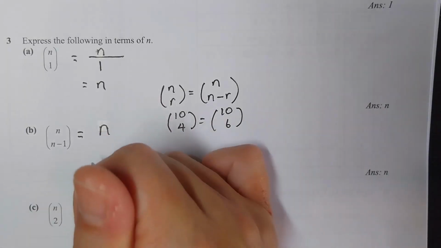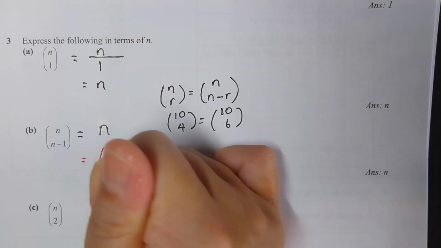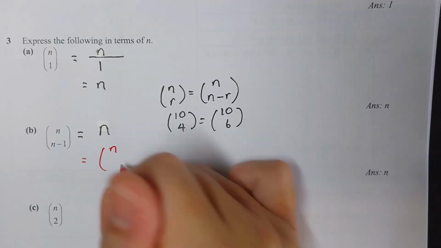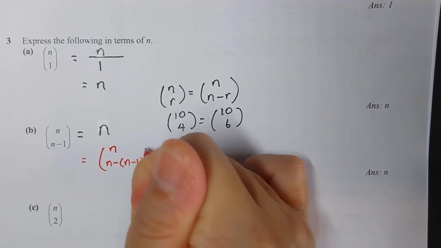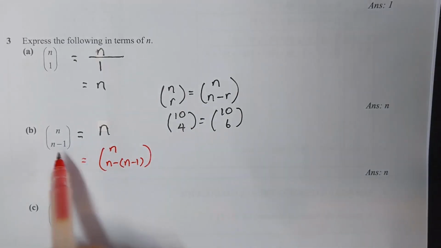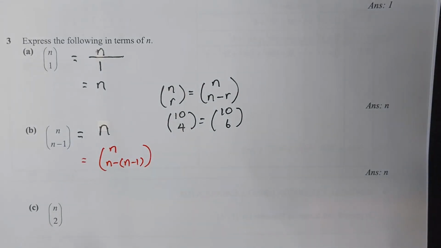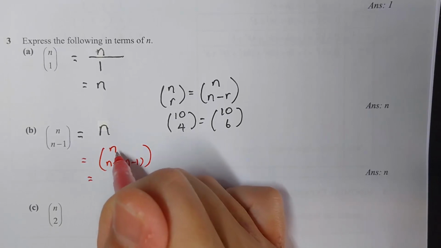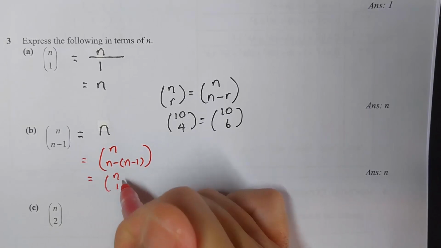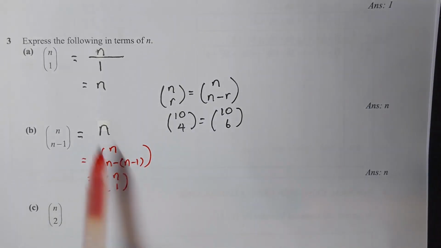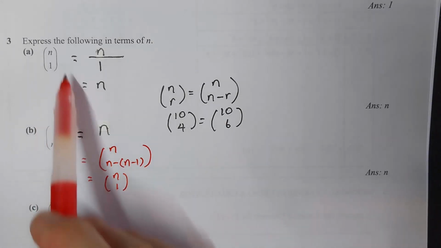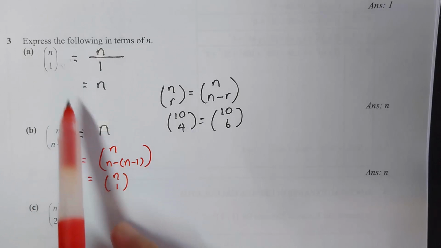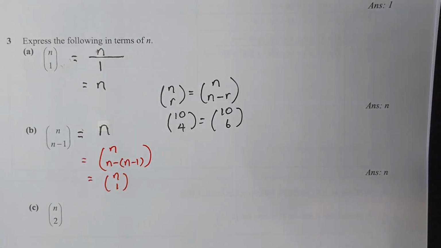So what we can do is, it should be the same as n choose n minus 1. Okay, because this is our r, right? So we have n minus r. And that will simply give us n choose 1. Earlier, we learned that n choose 1 is actually n. So these two will give us the value of n.